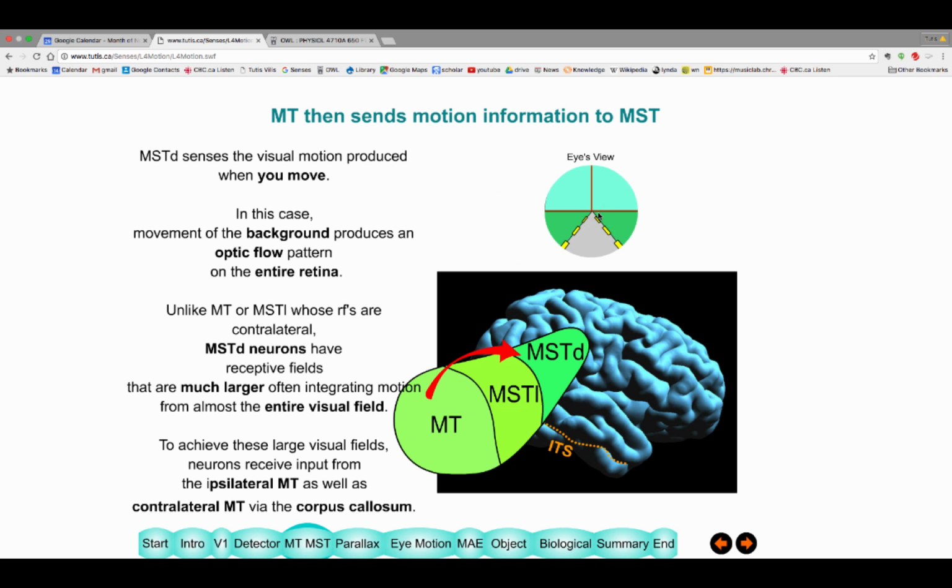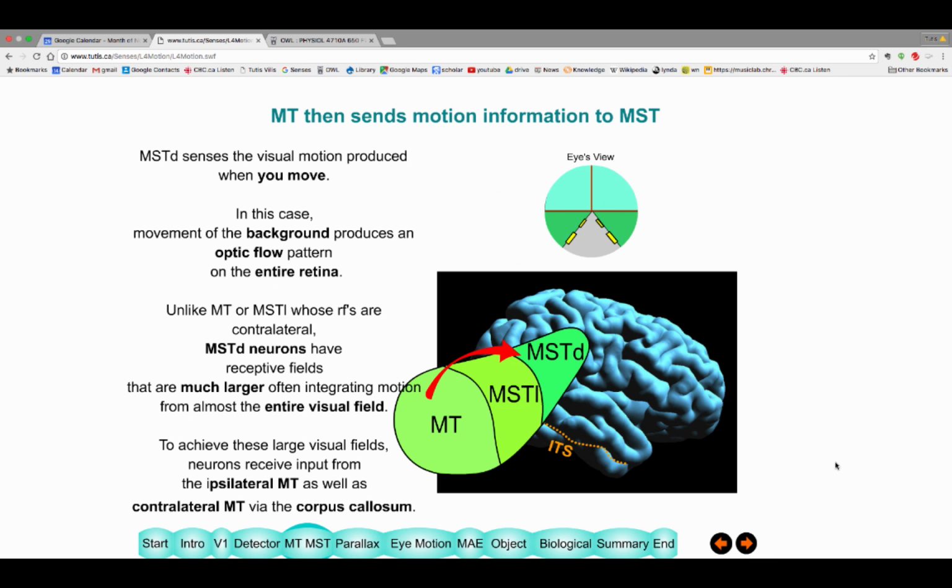So the cells in this area are in some ways unique because they're getting information both from one side of the eye and from the other side of the eye. Every area that we studied up to now is just getting things from the opposite side, from the contralateral visual field.